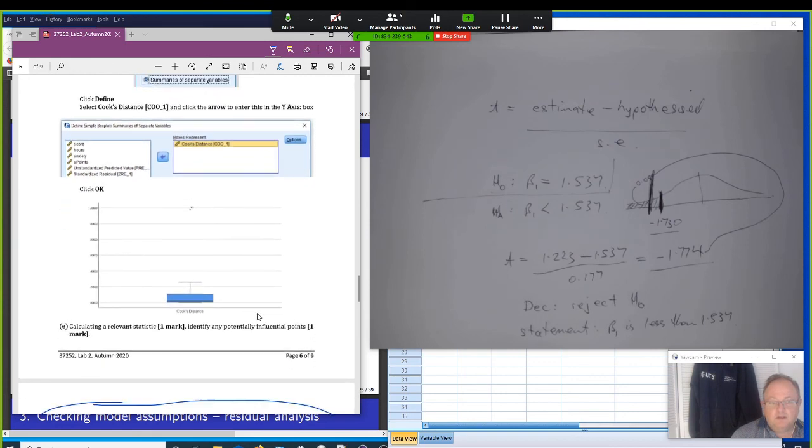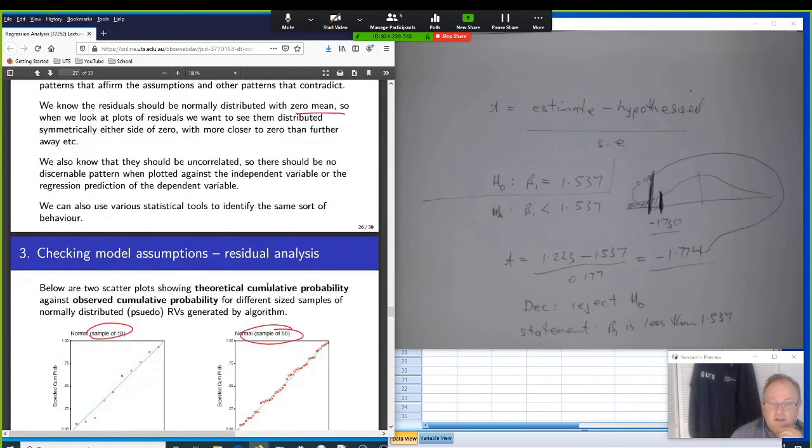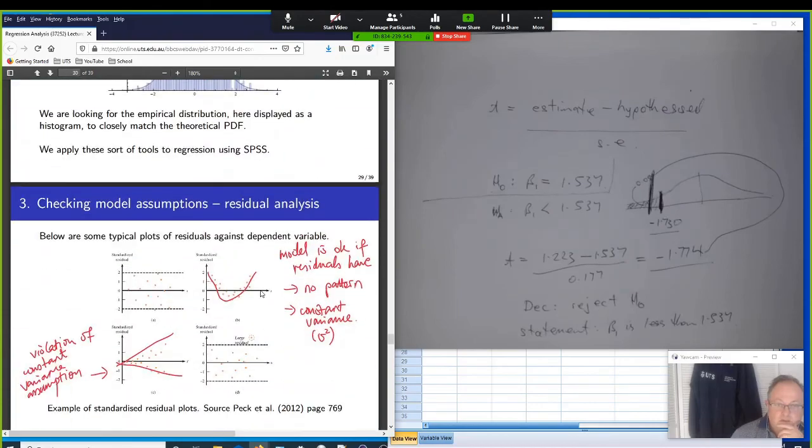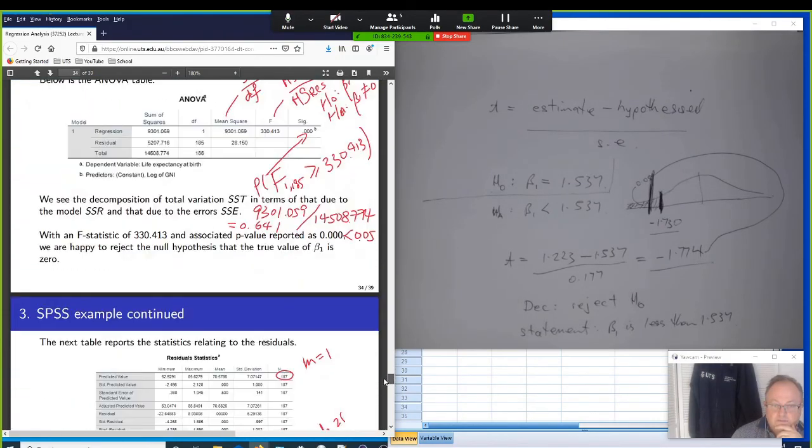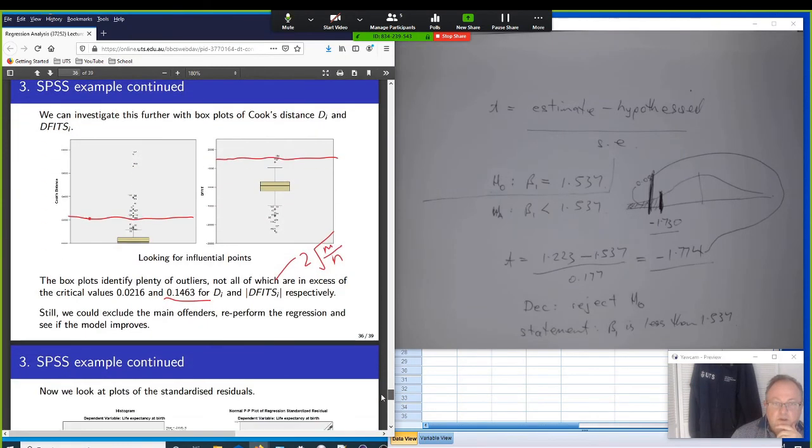I think one of the things that comes up is what happens if you have a lot of them. Unfortunately if you have a few of them you've got to do them one at a time, and you've got to redo all of this every time just to see what's happening with the individual one, and then you remove that. I think in the lecture there's a demarcation, isn't there? One of the slides has got, oh yeah, this one.